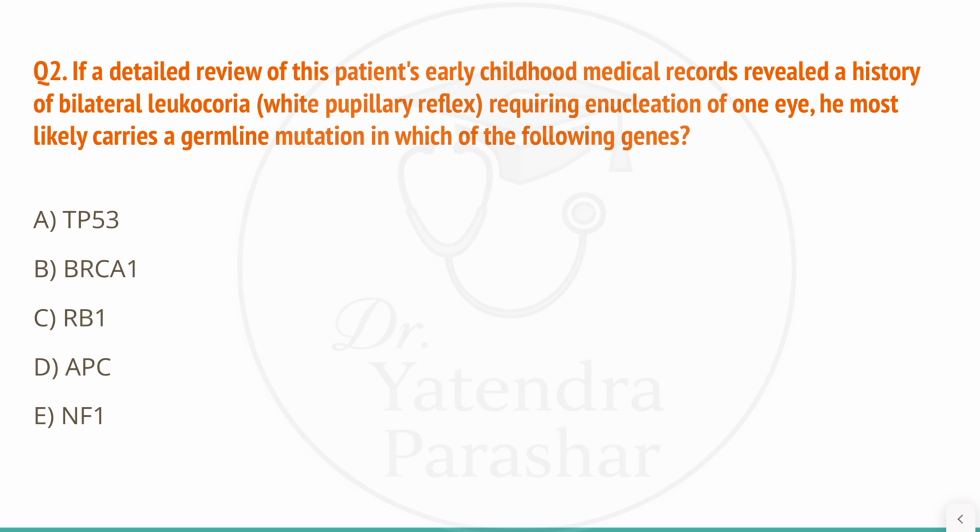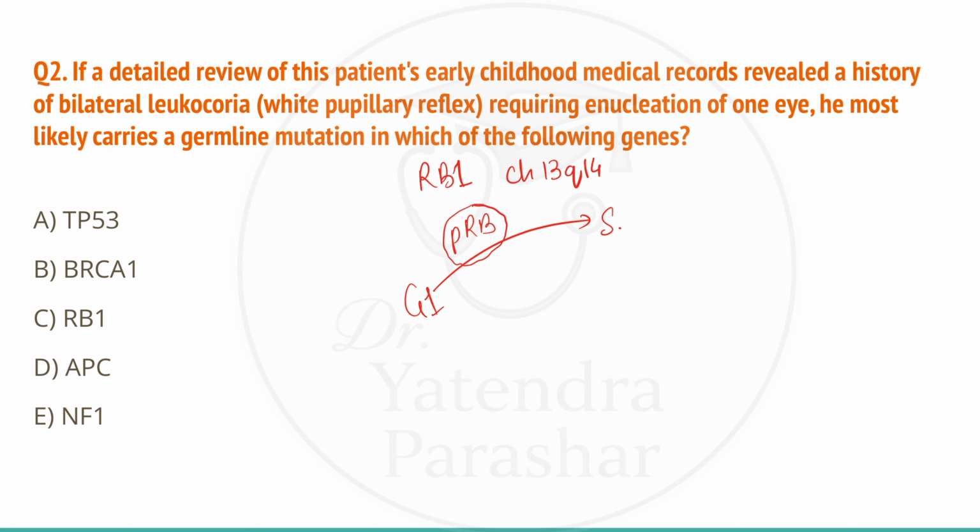Retinoblastoma gene is a tumor suppressor gene, located on chromosome 13q, that is the long arm of chromosome 13 at position 14, and it encodes the protein RB, which functions as a checkpoint for the transition from G1 to S phase in the cell cycle.